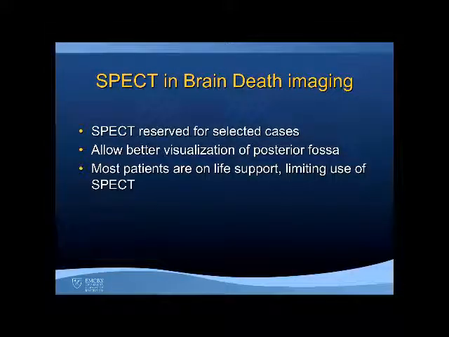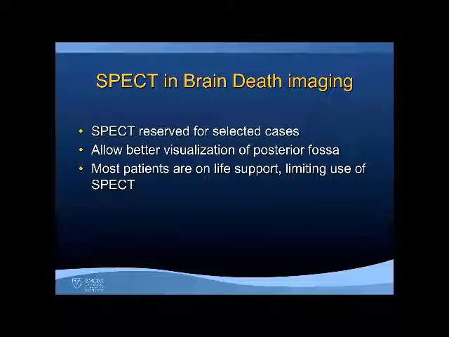What is the role of SPECT in brain death imaging? As I mentioned earlier, most of the patients who get a brain death study are in neuro ICU, and they are dependent on life support systems. So it's difficult to bring these patients to the nuclear medicine area to do a study.